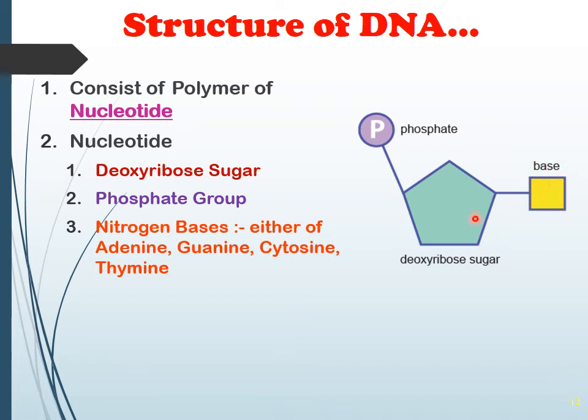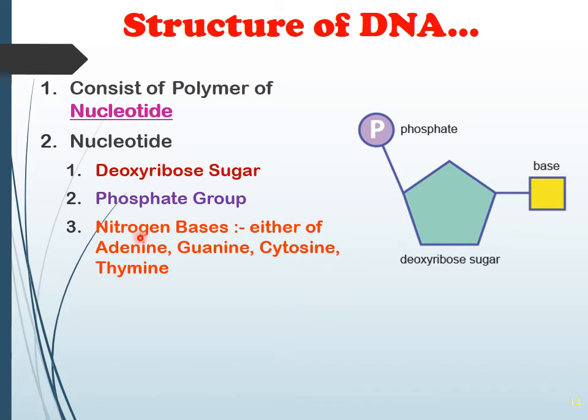How many nitrogen bases? Adenine, guanine, cytosine and thymine. Correct. Now in total there are 4 nitrogen bases. The meaning of the word nitrogen is that they contain nitrogen as the main chemical component.